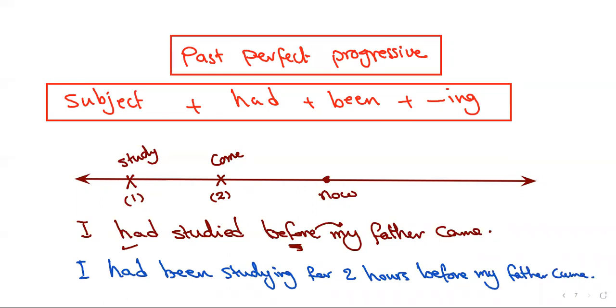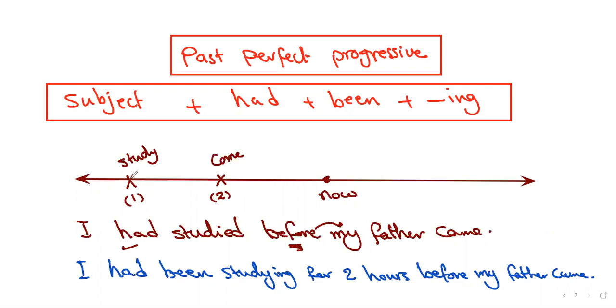I had been studying for 2 hours before my father came. In this example, I concentrate on the idea that something was in progress before another action in the past.